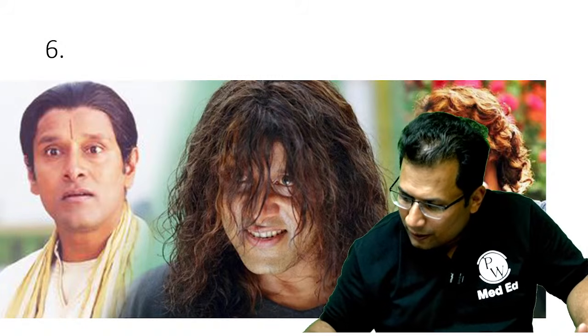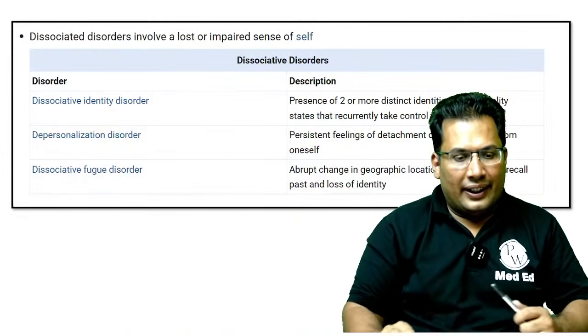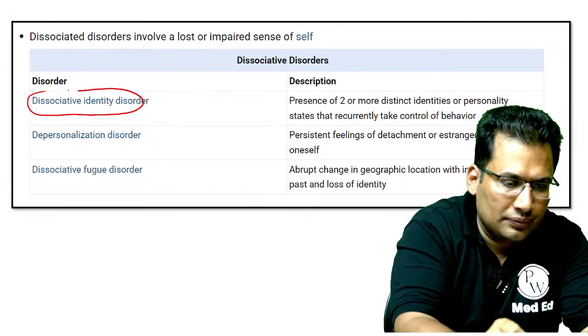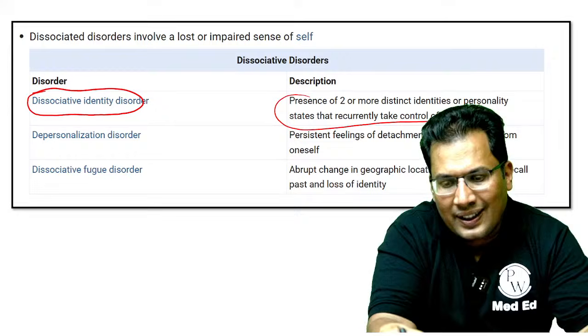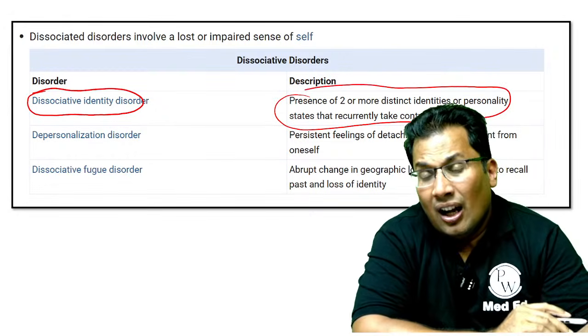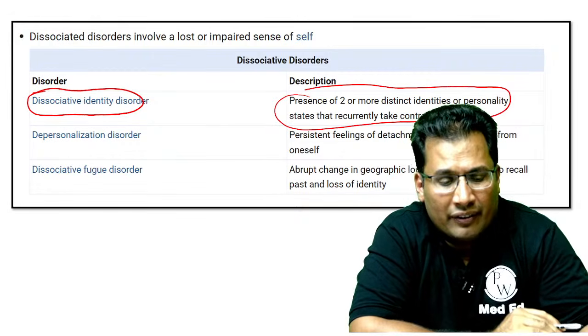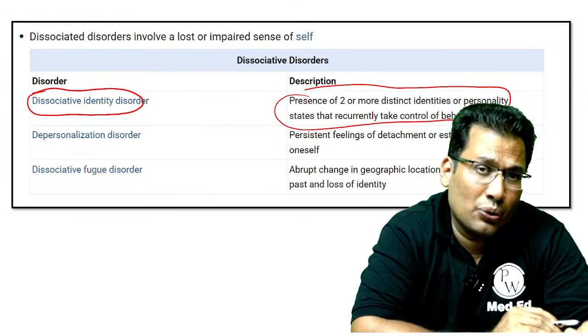Good. So this is a classical case of dissociative identity disorder. The meaning of that is the presence of two or more distinct identities or personality states that recurrently take control of behavior. So the question can be asked, what is multiple personality disorder? That is dissociative identity disorder.